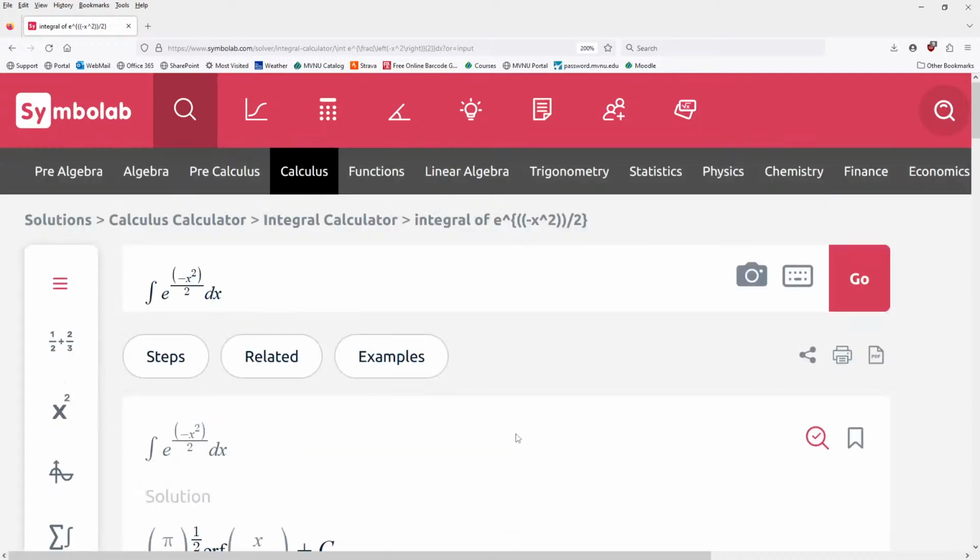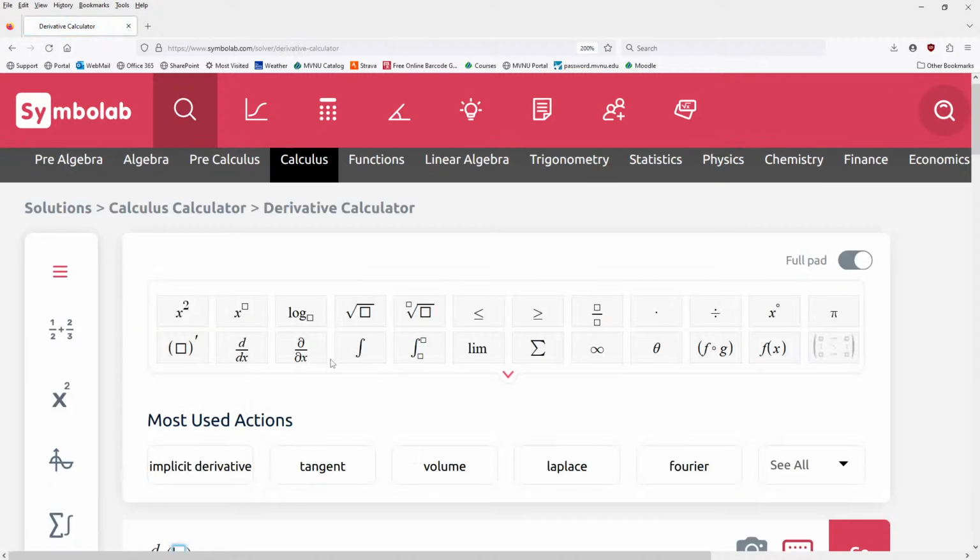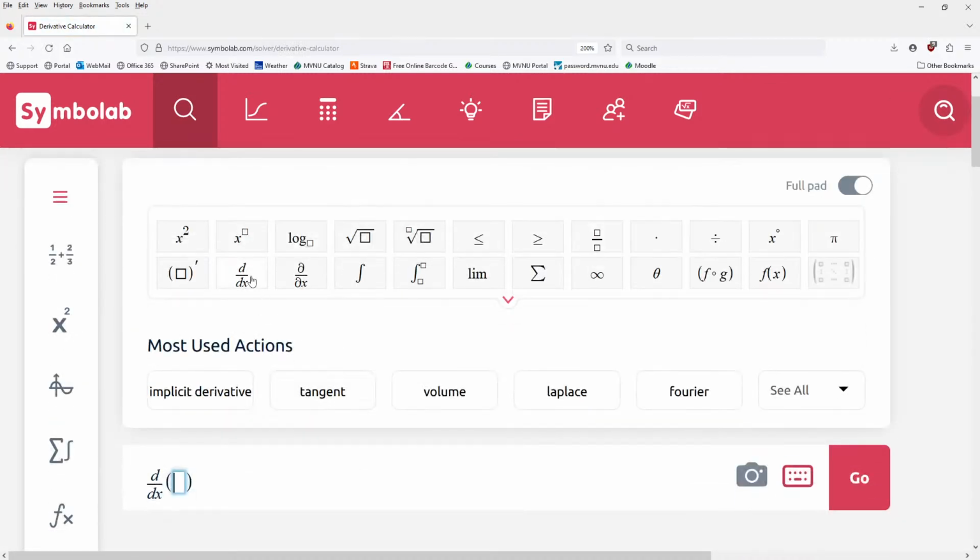So does this do derivatives? Is there a derivative place? Calculus, derivatives. You got it. Derivatives. Okay, d over dx. What if I do d superscript 8 over dx to the 8? Does it understand that? Let me see if it understands that with sine of x.